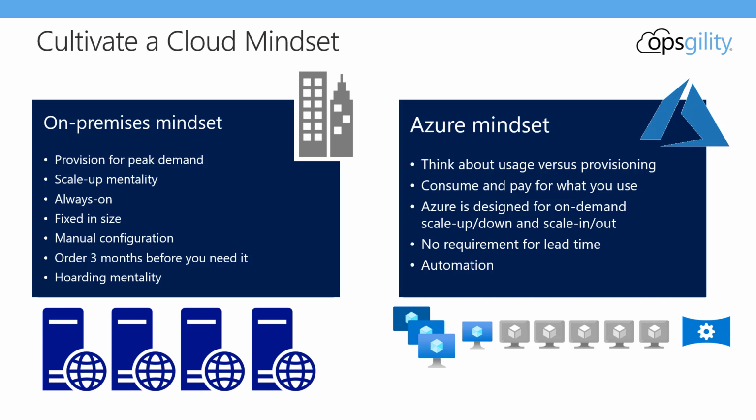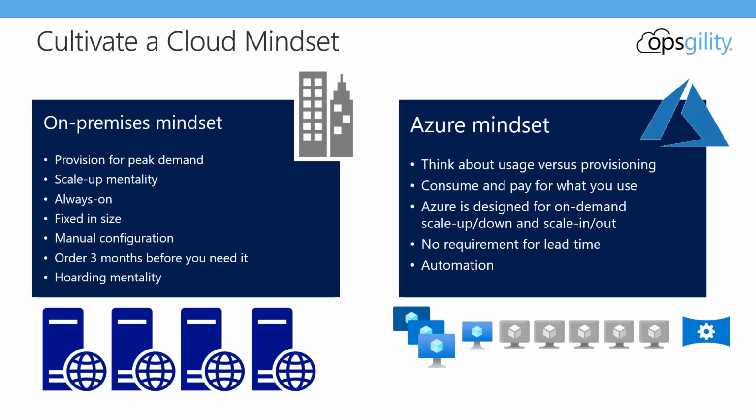So you have this mentality in place that you need this amount of resources to meet our maximum demand, and we're running in a lot of cases around 25% of that demand the majority of the year. So we have a lot of unused resources.